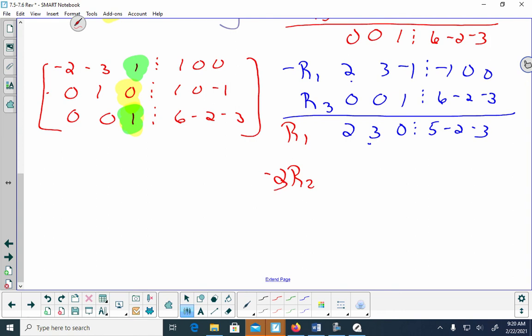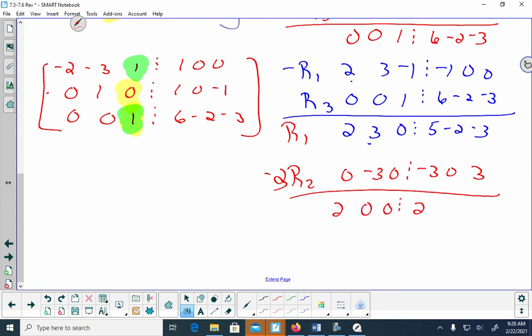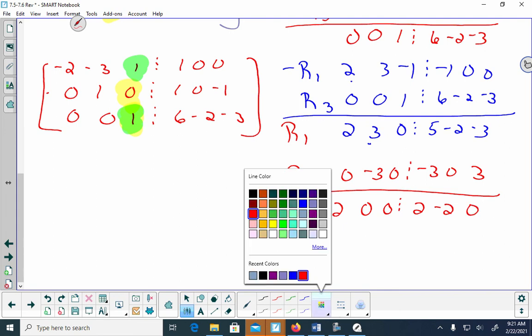So when I do that, I am going to have 0, negative 3, 0, negative 3, 0, positive 3. And when I do that, I'm going to have 2, 0, 0. Then this will be a 2, this will be a negative 2, and this will be a 0. Divide everything by 2.